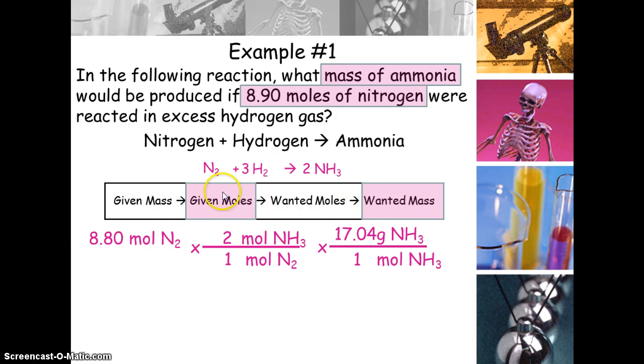The last step is just to multiply everything on top and divide by everything on the bottom. So that's 8.90 times 2 times 17.04, which will give us 303 grams of ammonia. So that's the first problem, and the wanted mass is 303 grams of ammonia.